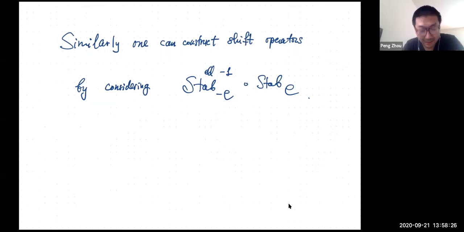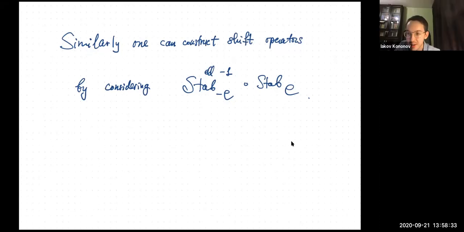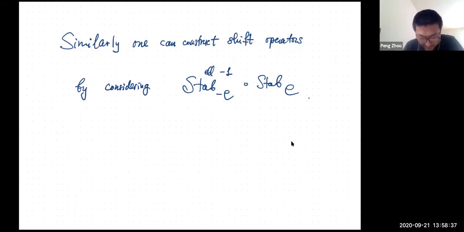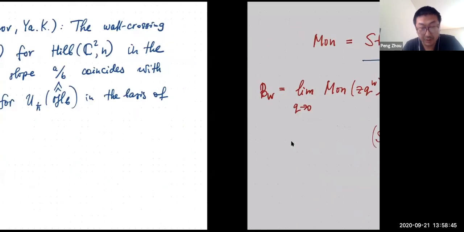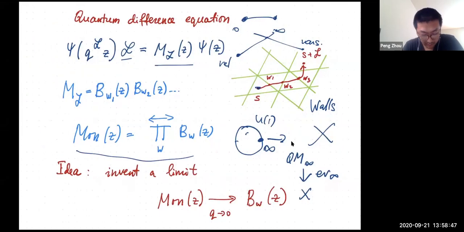Can I ask one naive question about the definition of the quantum difference equation? Sure. What is this equation taking place in? Both sides of the formula, if you can go back to that page. So it's psi times L, yes. Both sides are valued in where?